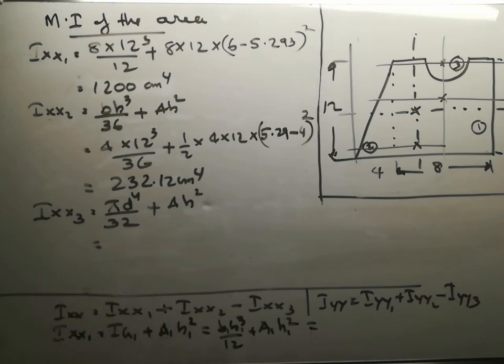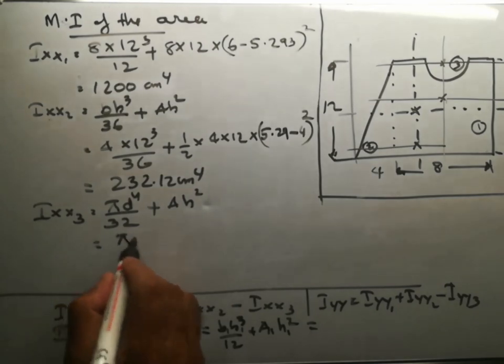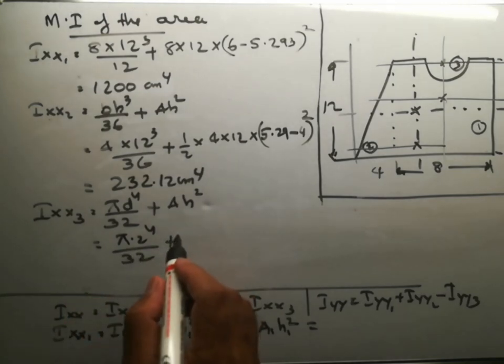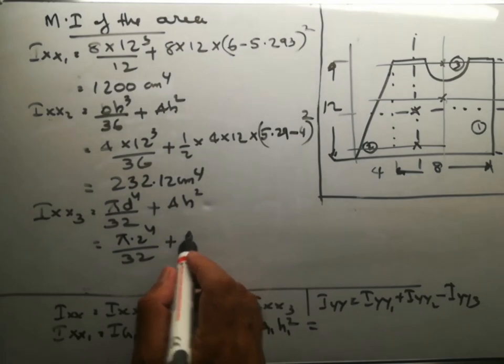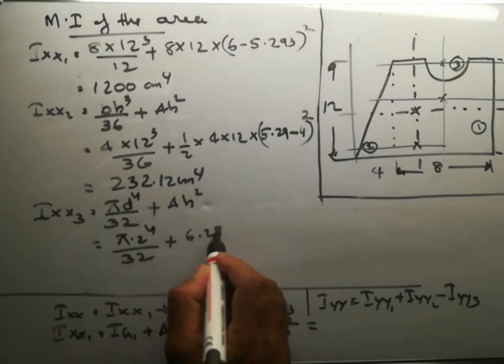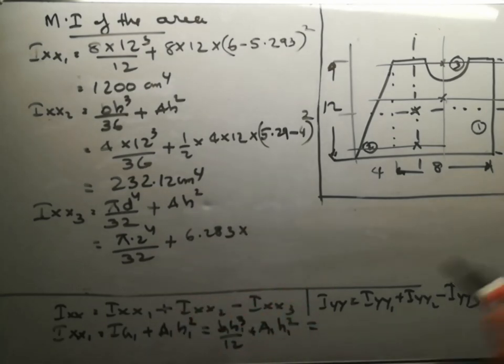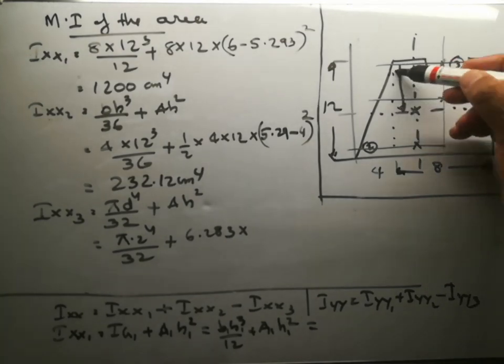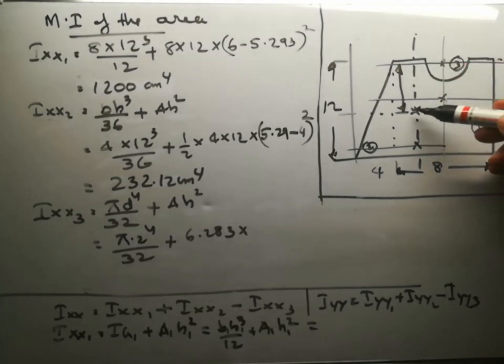That is pi into 2 raised to 4 divided by 32 plus area A3, which was 6.283, into h square. In this case, h will be this distance, from here up to here.